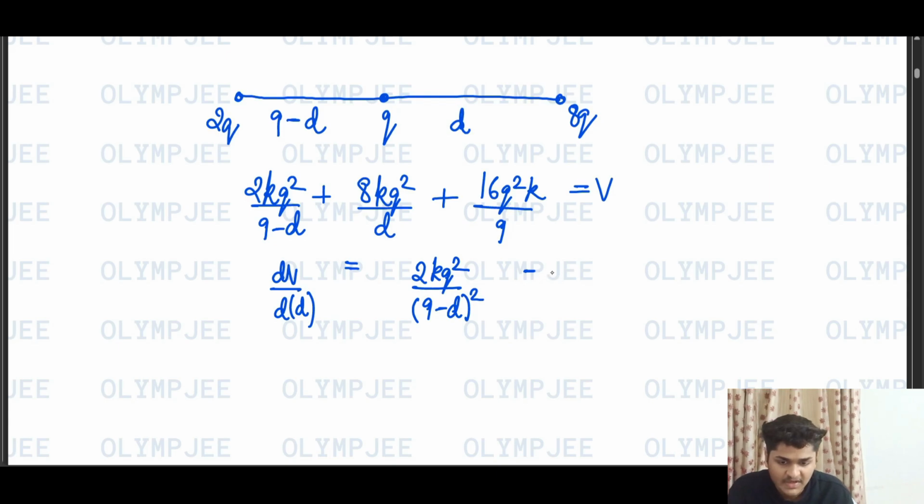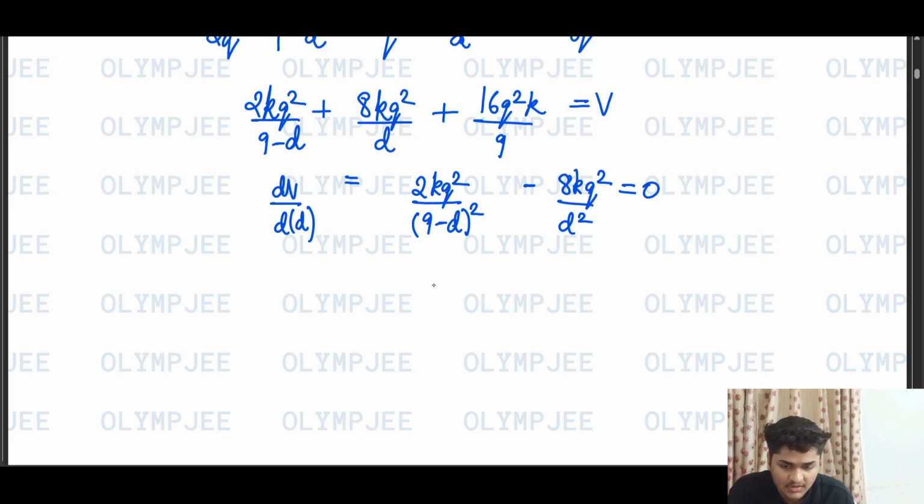So minus of 8KQ square divided by D square. This should be equal to 0 for minimum.